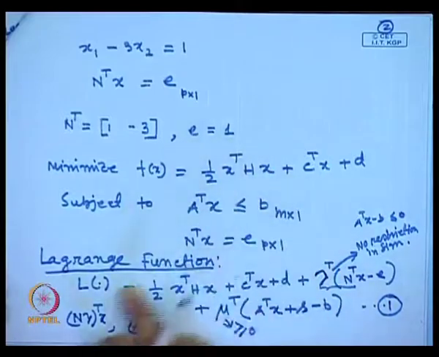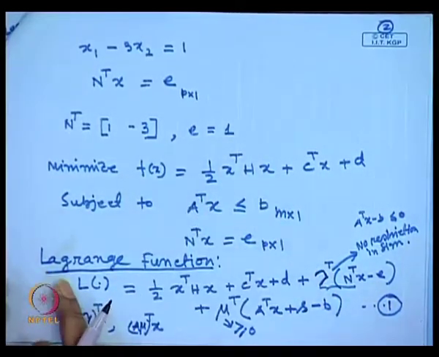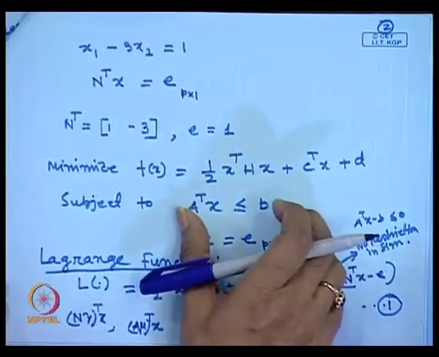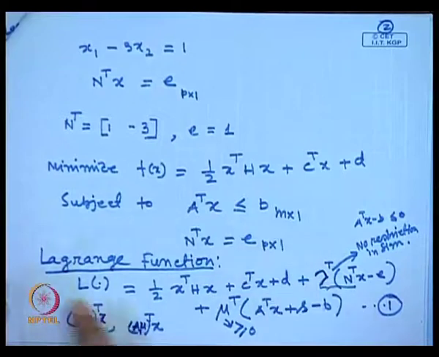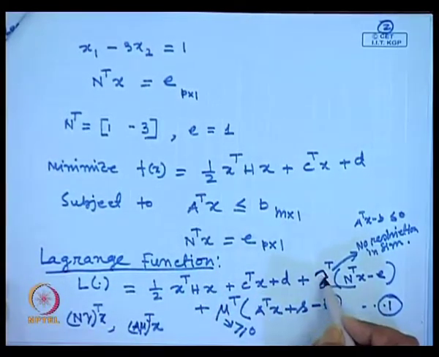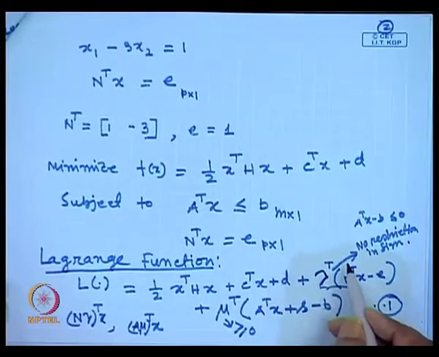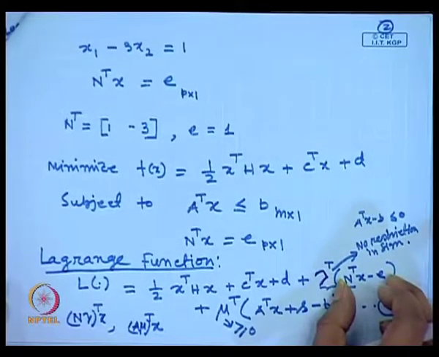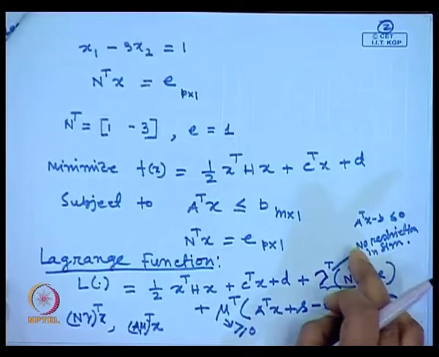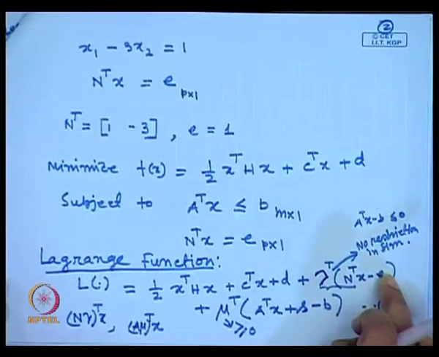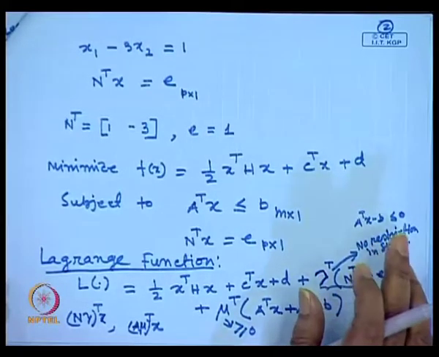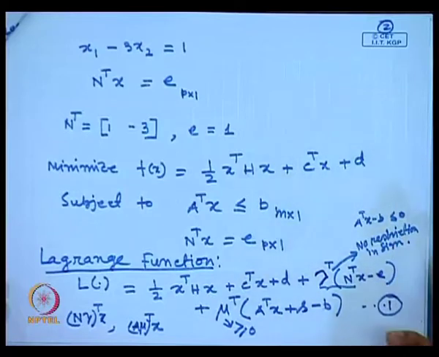So, we have formulated this into the standard Lagrangian function. The inequality constraint we have converted into an equality constraint, and then the Lagrangian function is formed. Lambda is the Lagrange multiplier associated with the equality constraint, and its value is not restricted; it can be positive, negative, or 0.